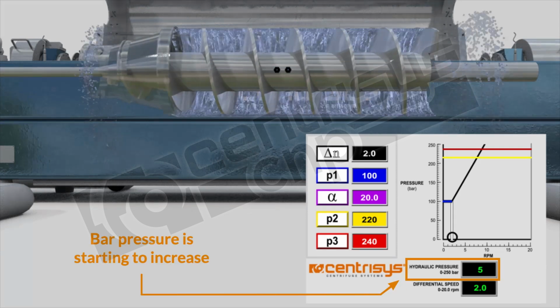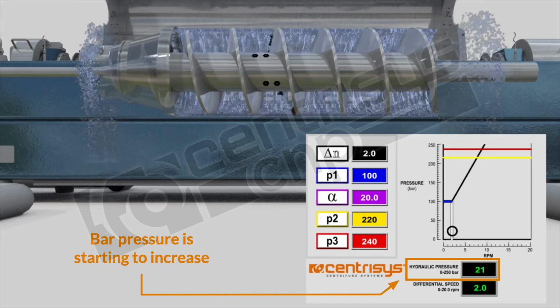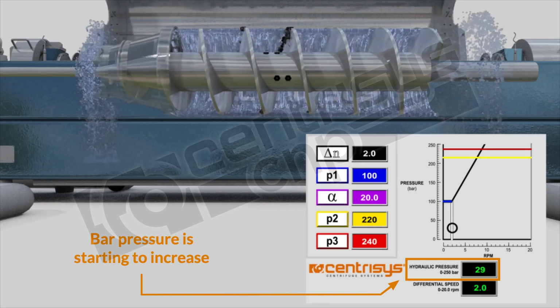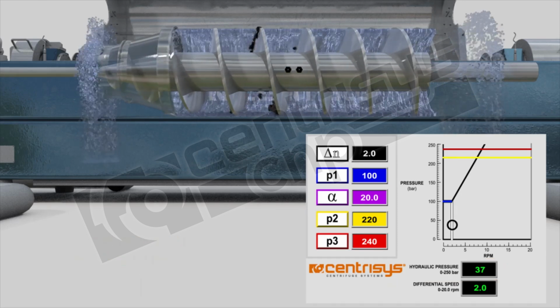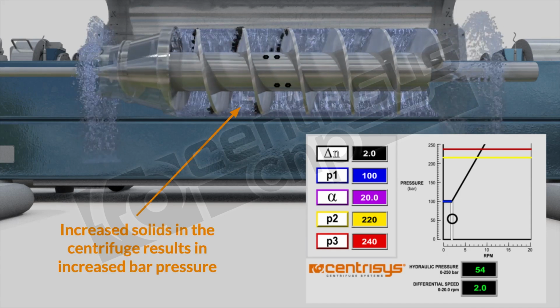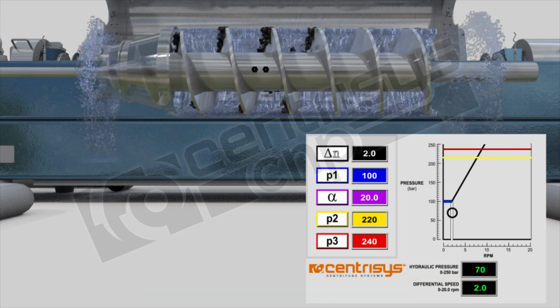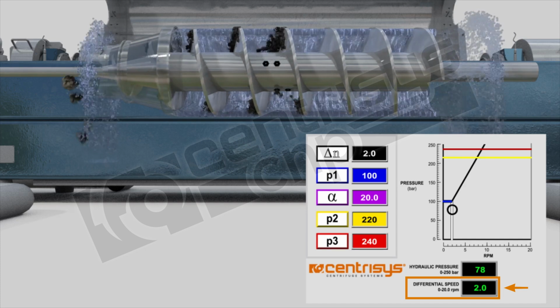Now still at 2 differential speed consistent, and the bar pressure starting because there's more resistance because the solids particles are entering the space between the bowl and scroll. The more solids are here, the higher the bar pressure will climb. You can see the differential speed still at 2 RPM.